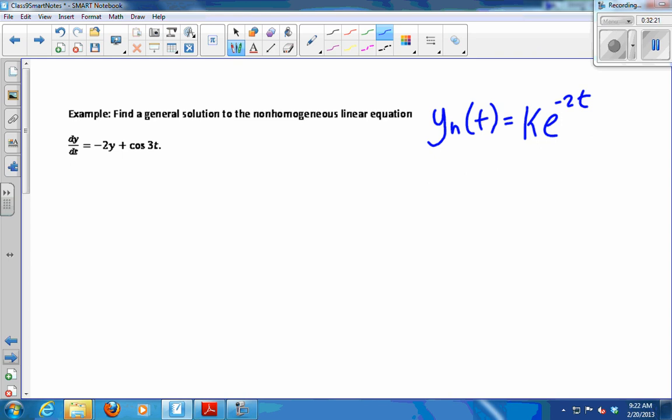So I'm going to add the 2y. It's the cosine of 3t. So I need a function that when I add its derivative to twice itself, I get cosine 3t. Any guesses?